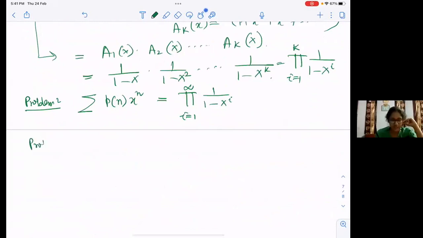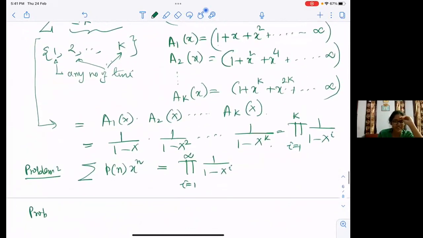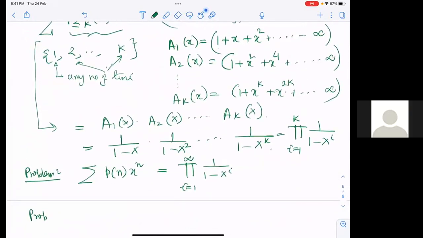Vijayan asked a question. Could you repeat what he said about only finitely many contribute? Oh yeah, he said this is like an infinite product. How do you argue that this is an identity? I mean, how is the convergence happening, and why is this true? That summation of p_n x power n equals an infinite product.